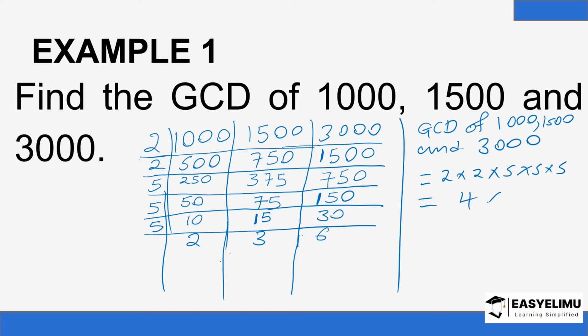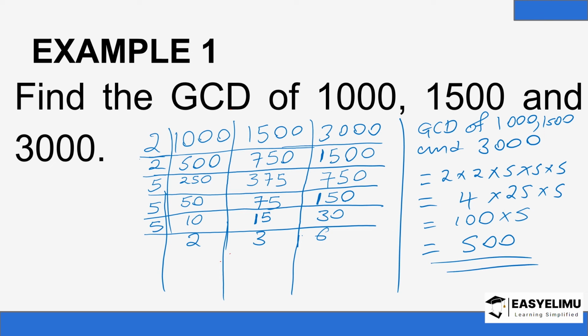2 by 2 is 4. 5 by 5 is 25, and then by 5. You try to multiply any two that will give you a number ending in a 0. That is easier. So 25 by 4 is 100. And 100 by 5 is 500.